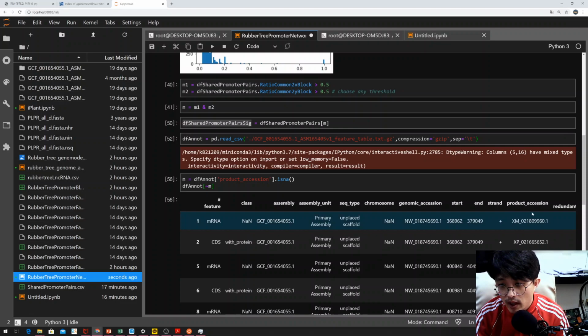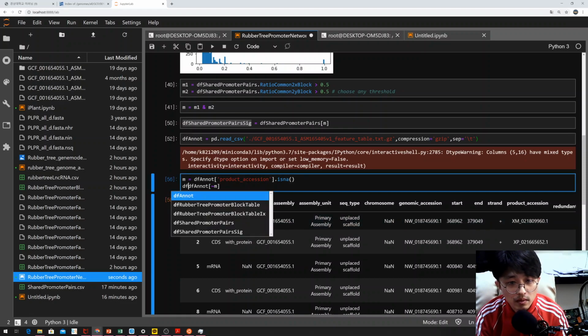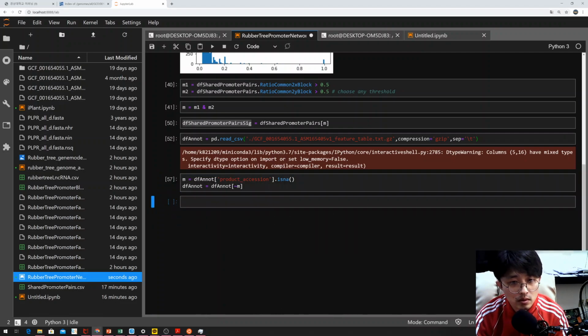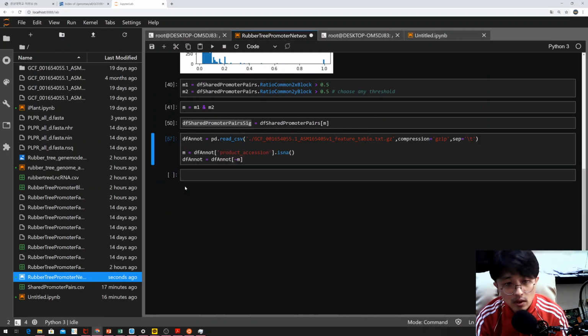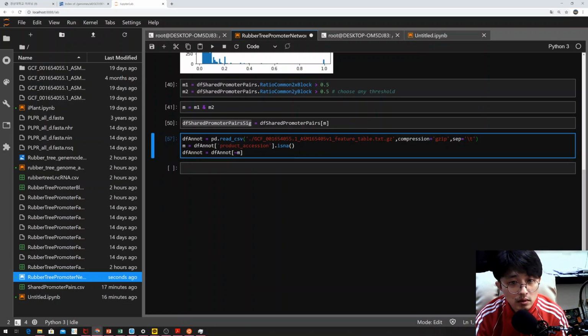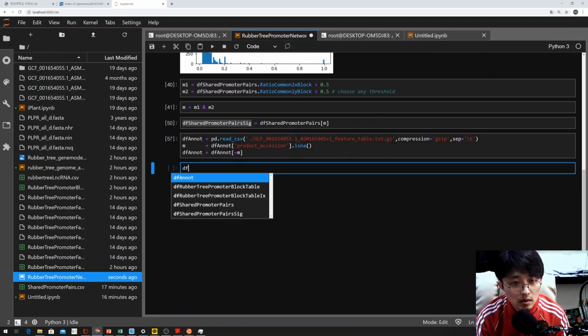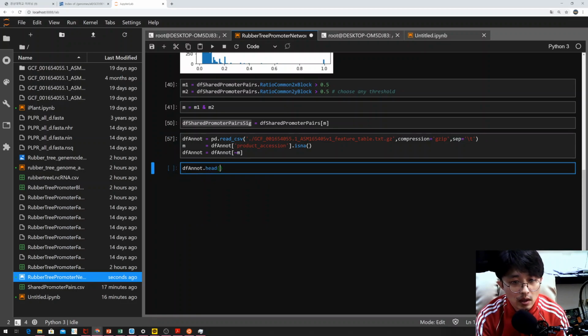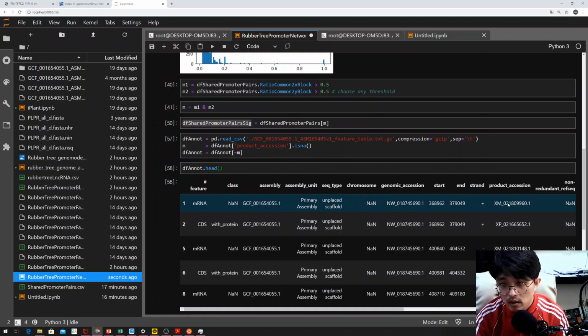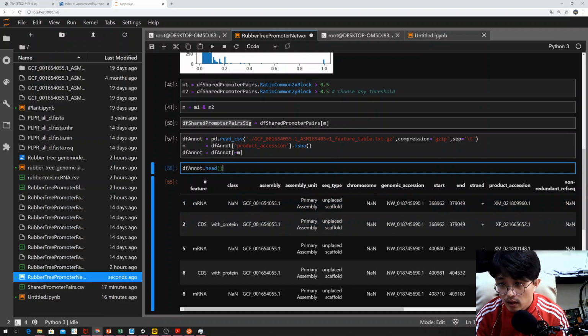Then you have all product accession. Okay, so I'll update. And this should be merged. Good. Then I will index it.